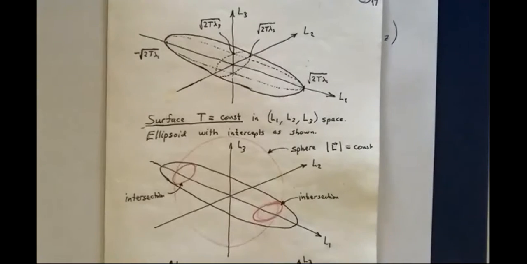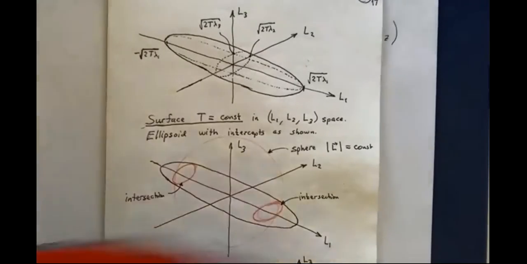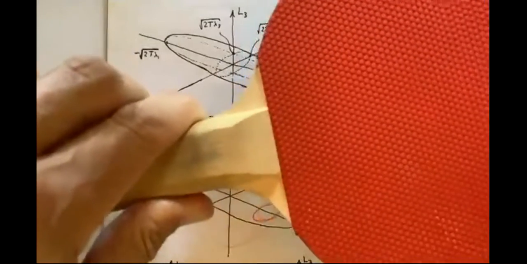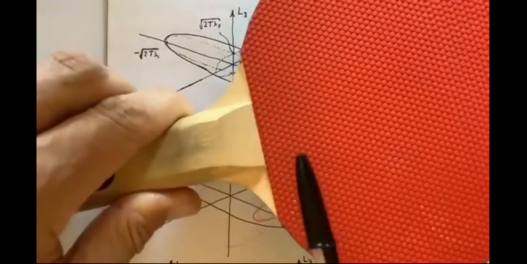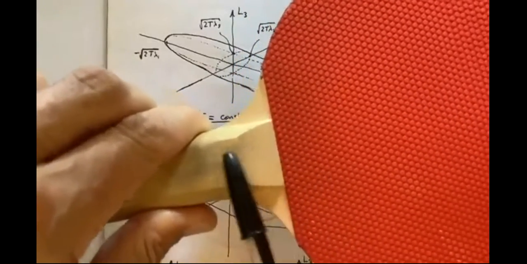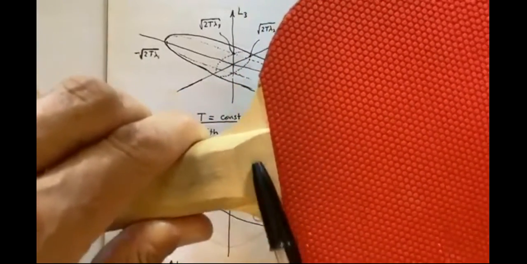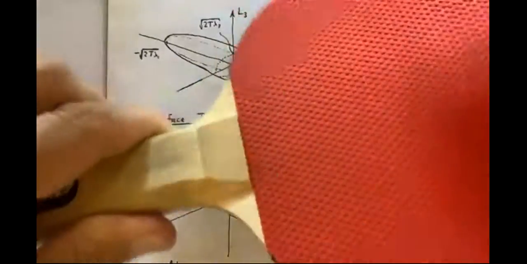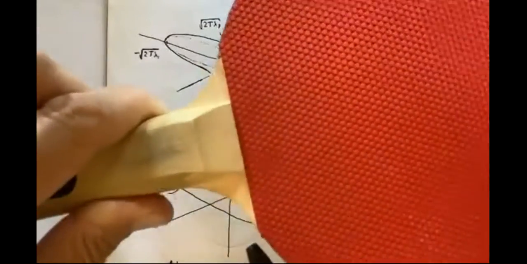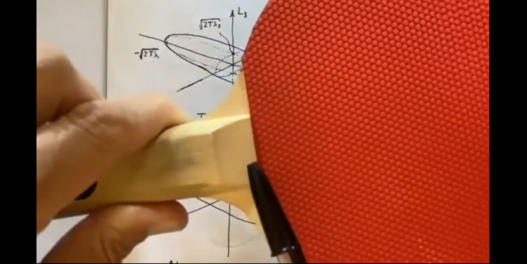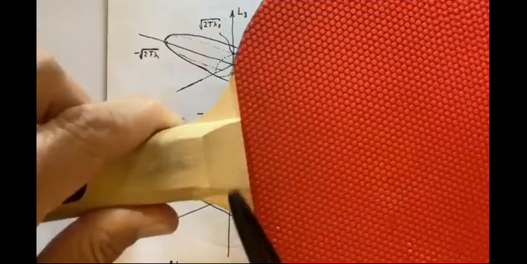They are attributes. So if you have the paddle, here's a paddle. This thing has 3 principal moments of inertia. And I think they should stamp them on here, right? But they didn't. So a fun project would be to determine the 3 eigenvalues and write them on here so people know.